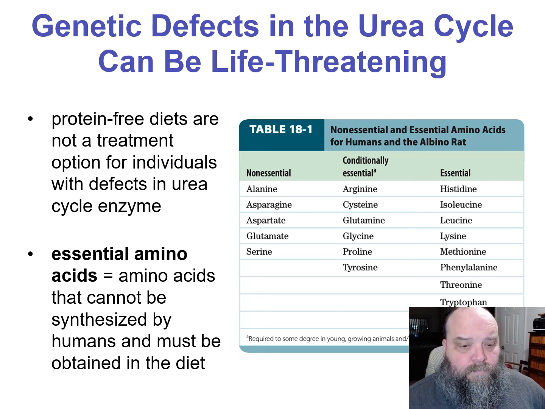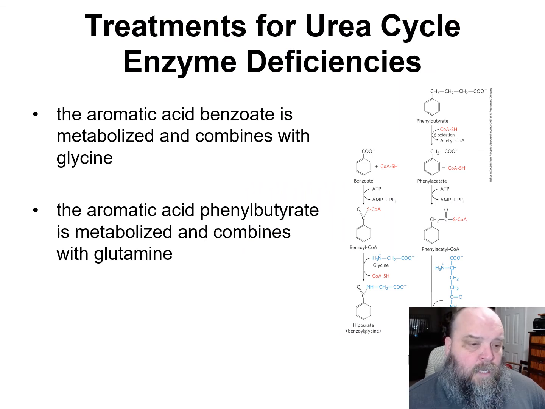So what do we do? Well, here are two examples. You use aromatic rings, these benzene rings, these organic compounds. So you have benzoate and you have phenylbutyrate. Benzoate combines with glycine, phenylbutyrate combines with glutamine, two amino acids.